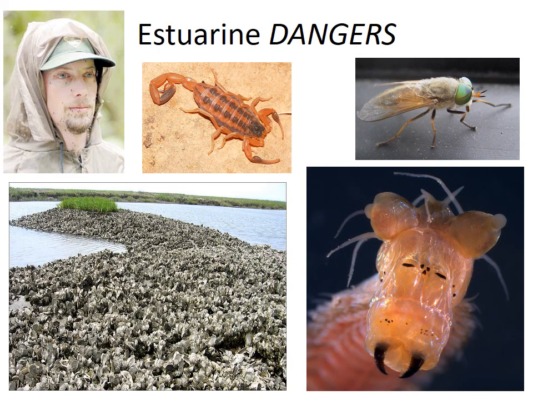All right, so the final thing that I should say about estuaries is something about the dangers in estuaries. Even though they're wonderful, highly productive environments, there are some dangers to human life in estuaries.